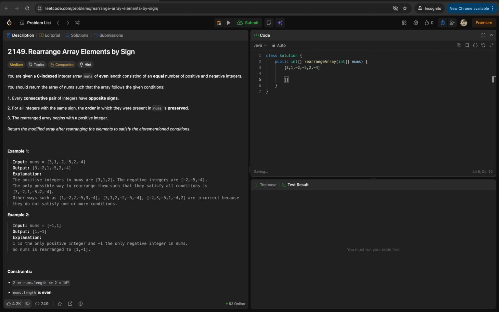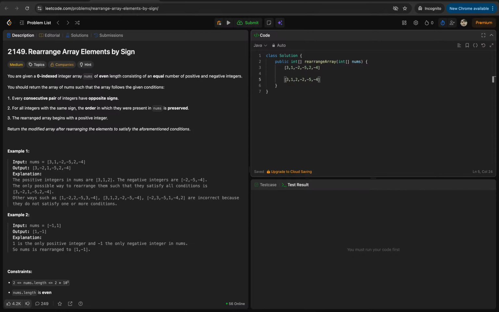I'm getting an idea, I'm thinking out loud. What if first of all we set all the positive numbers on the left side and all the negative numbers on the right side, and then we do this merging. Initially we'll make this array like 3 1 2, and then -2 -5.